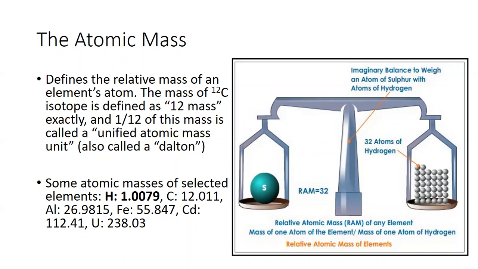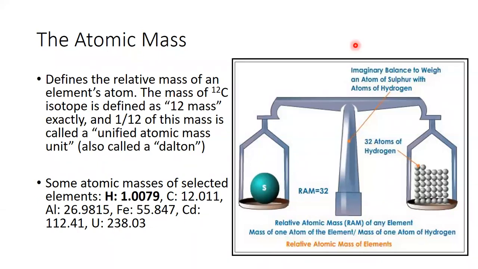Carbon is 12.011, because that takes into account the other isotopes of carbon, like 13, which would be slightly heavier. So these are averages. Aluminum's 26.9815, iron, cadmium, uranium. And so that's the official definition of atomic mass.